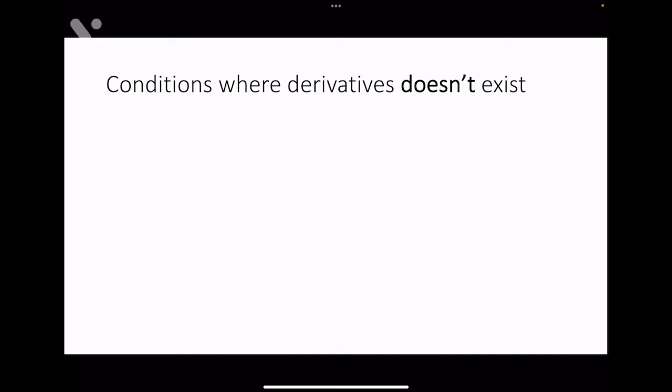So now, since we know the basic definition of a derivative, we want to know the conditions where derivatives do not exist. This is important because it commonly comes out in MCQs of the AP test. So there are three basic conditions that we need to remember.